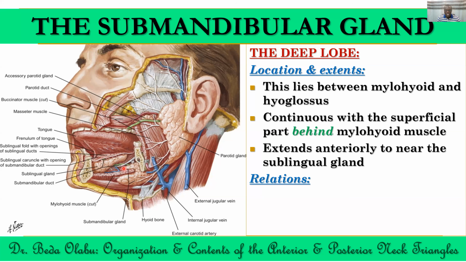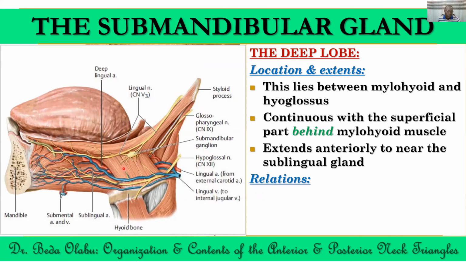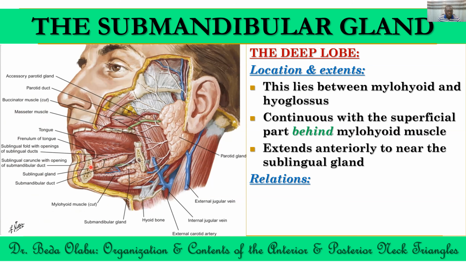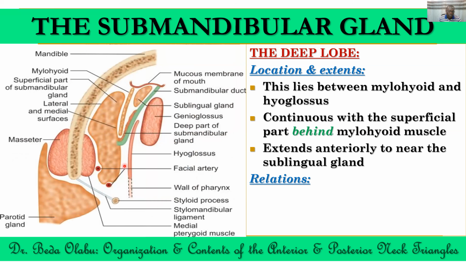So in terms of its relations, if the gland extends up to somewhere around this region here, then all these structures we're seeing here are actually relations of this particular deep lobe. We can talk about them, as we can see them here. In this particular image, we can also see others.